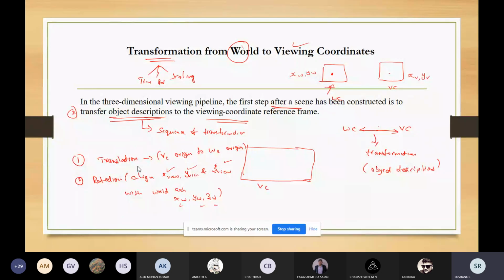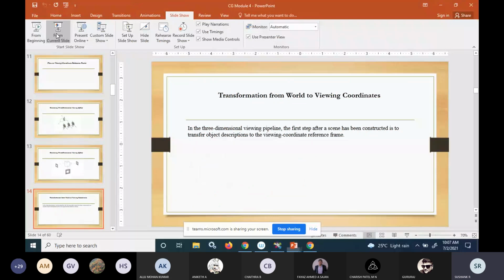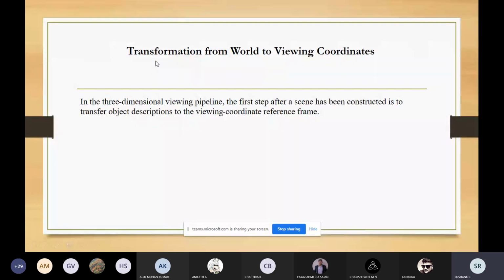For example, we have a point. Assume that the viewing coordinate origin is at some position P naught, given by x naught, y naught, z naught, in the world coordinate system.